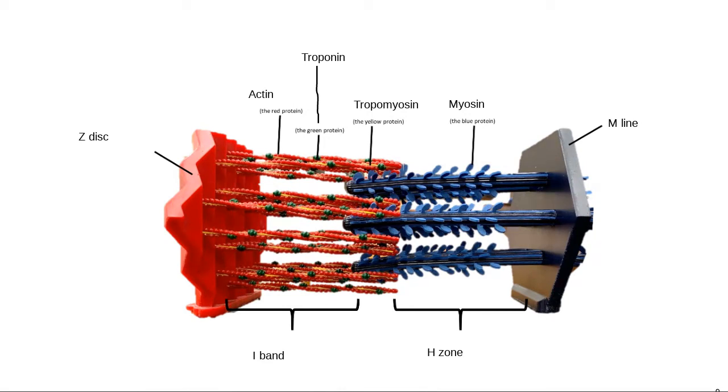Nicole asked if the job of tropomyosin was to hold actin in place. Not quite. Remember, tropomyosin blocks the myosin binding sites. So you can use that word in its name. Tropomyosin blocks the myosin binding sites so that myosin can't attach to actin.